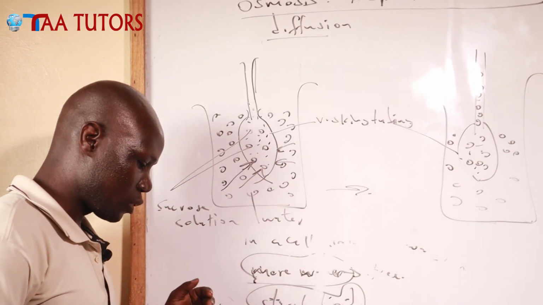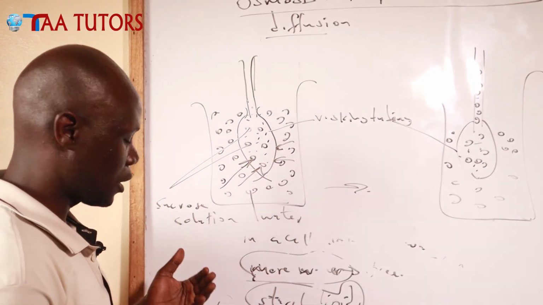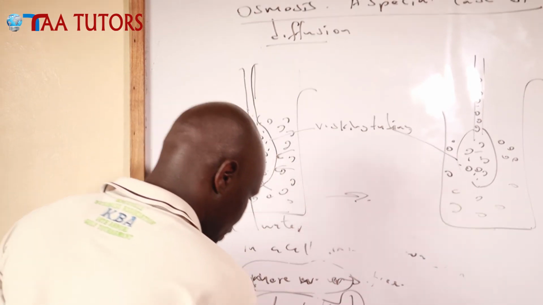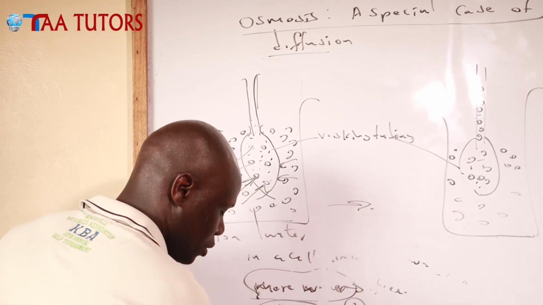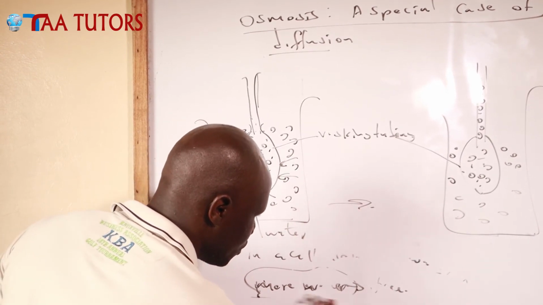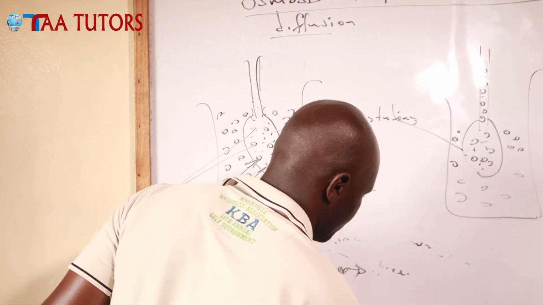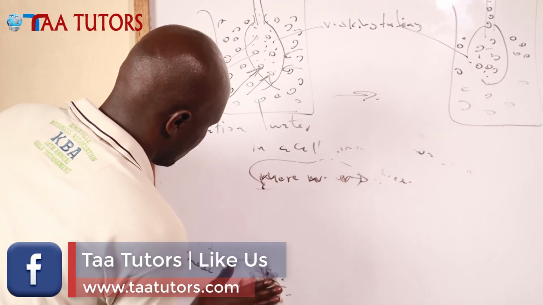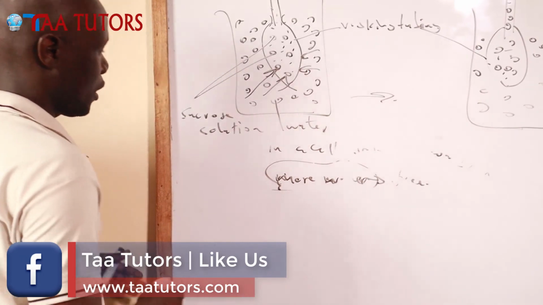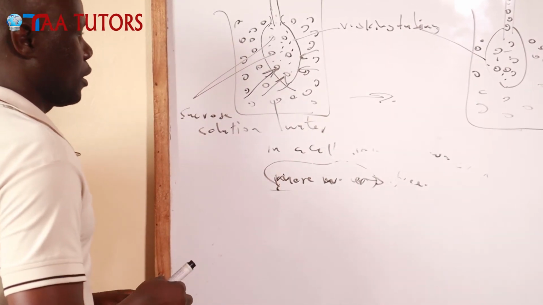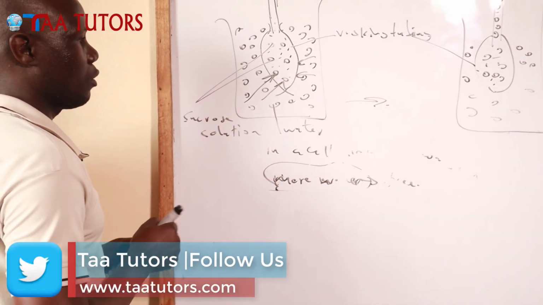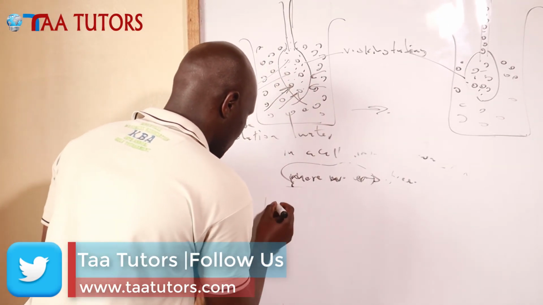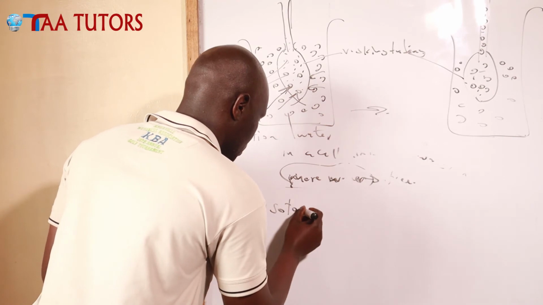So this is what we should be understanding. I hope we can remember that there are osmotic concentrations, that is, solutions of different nature that will enable the water to move in. If I have two solutions that are of the same concentration, such solutions we are going to refer to as isotonic.